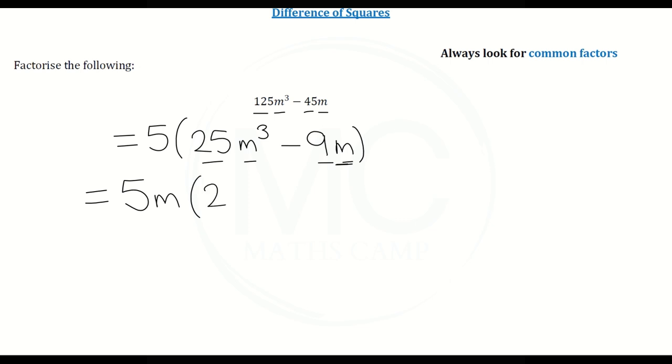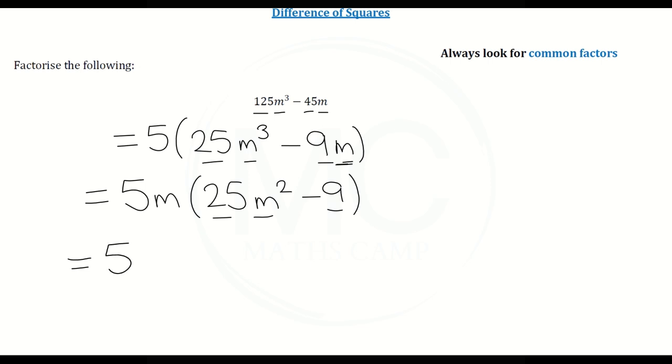And I have 25. m cubed divided by m gives me m squared, minus 9. m divided by m is 1. So now I can close my bracket. Now in my bracket I have 25m squared and 9, which are all squares. So now I can factorize using difference of squares.